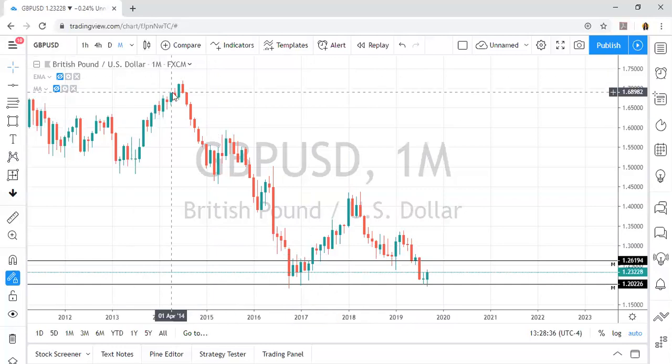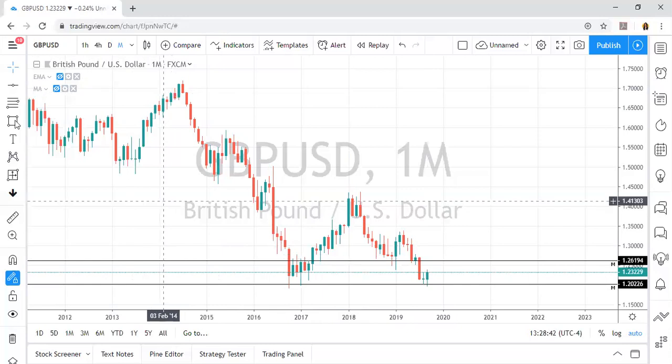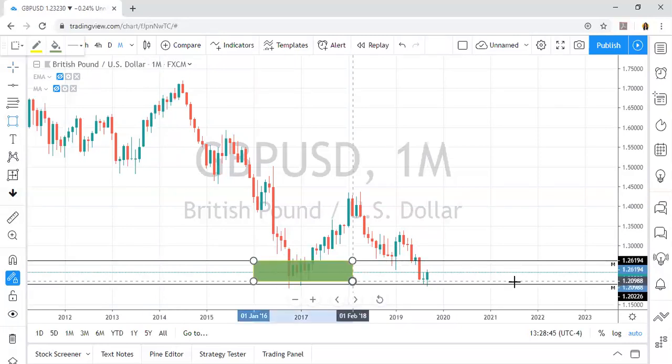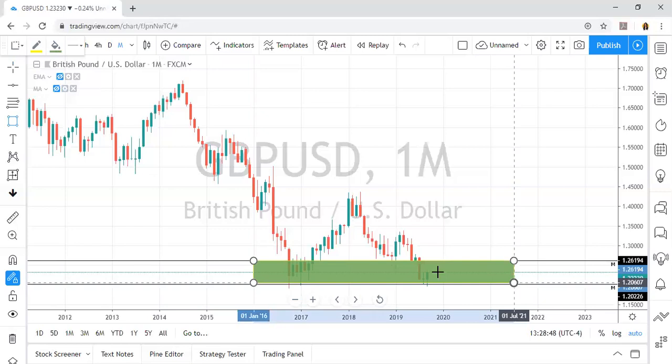So what I like to do is actually dig deeper into this particular price range. So I'm just focused on this here. Okay, this will be my focus until this monthly candlestick or any monthly candlestick after this one will actually go up towards this particular monthly key level.